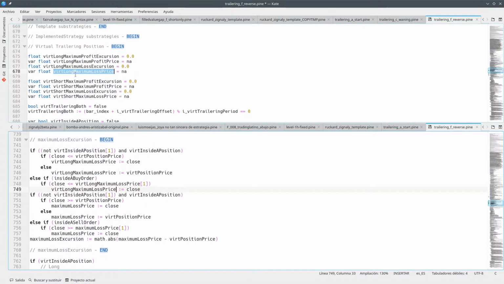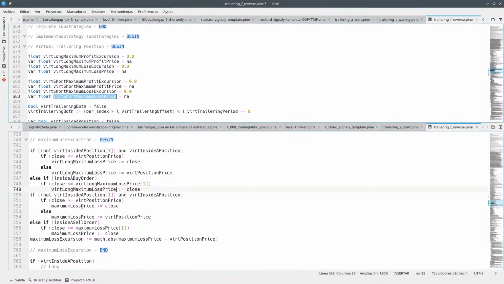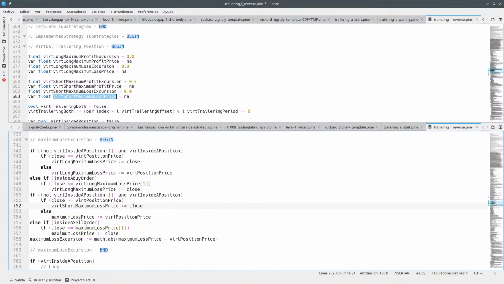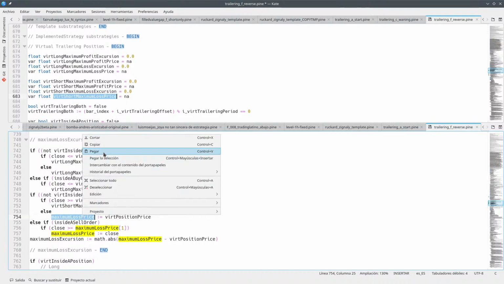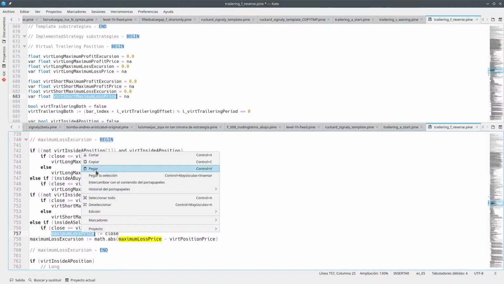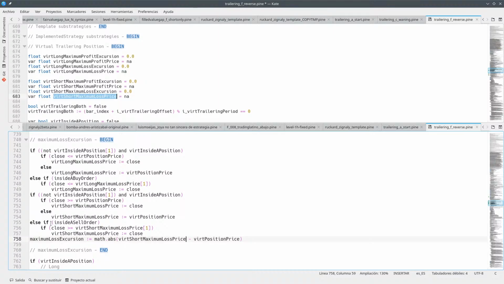Okay, now we want the short one, which is here. Look at that. And this maximum loss excursion is here.